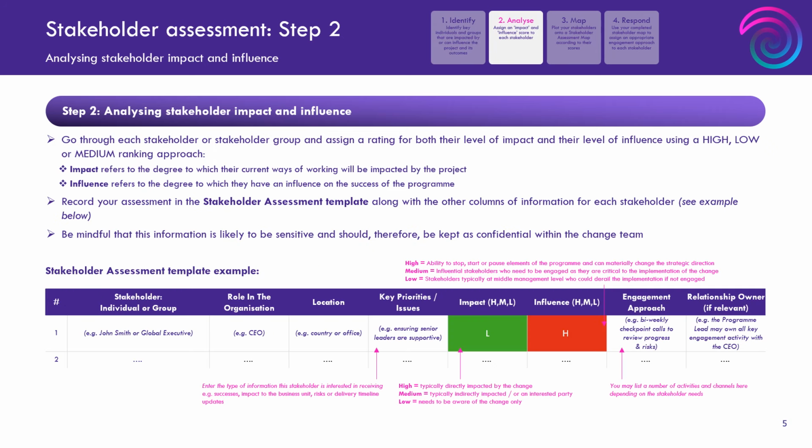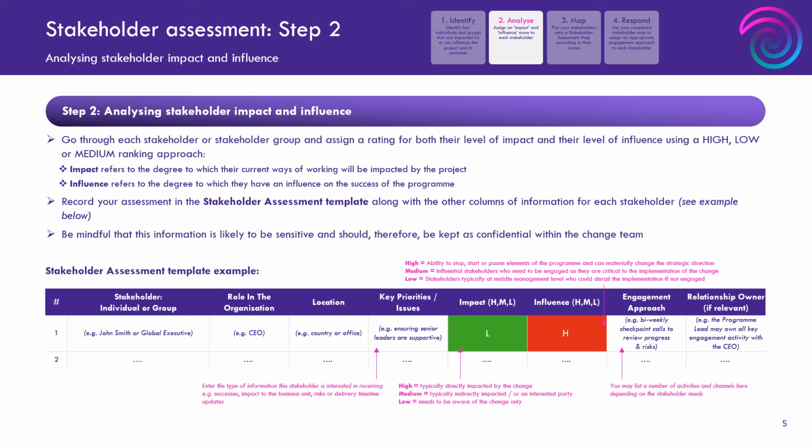Second step, analyze. So impact and influence, and you can use different terms depending on what's most relevant for your business, but usually when people talk about analyzing the stakeholders, they're usually talking about impact and influence. So impact refers to the degree of impact the change will actually have on that individual, and influence refers to the degree of influence they will have on the success of the program.